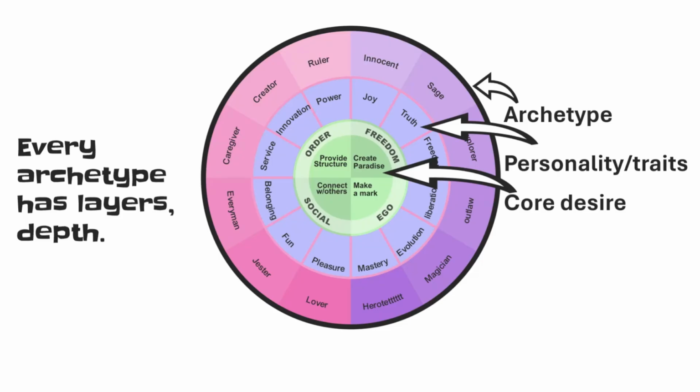They want to create paradise on earth, or paradise for the main character if they're not the main character. On the other side, there's the jester, the joker. They're fun. That's their personality. That's their main trait. They're fun. And their core desire, their motivating desire, is to connect with others. So hopefully you're beginning to see how this is artistic stealing and it's good in this context.